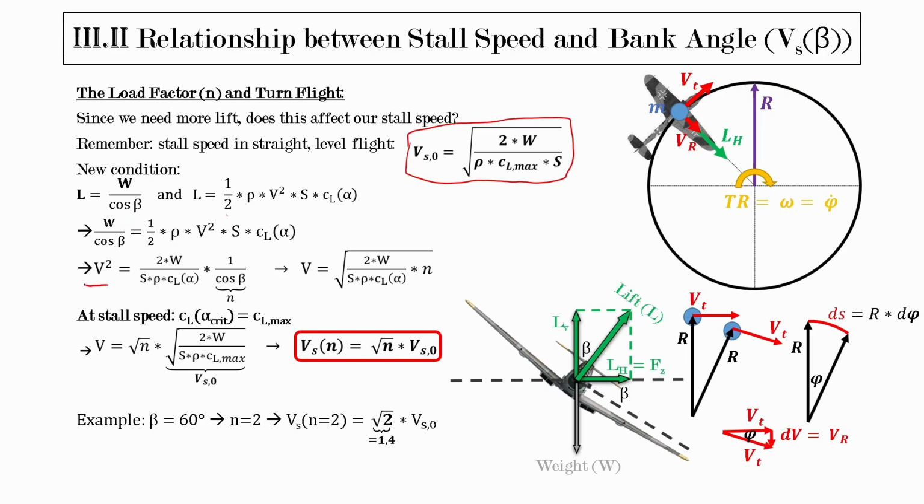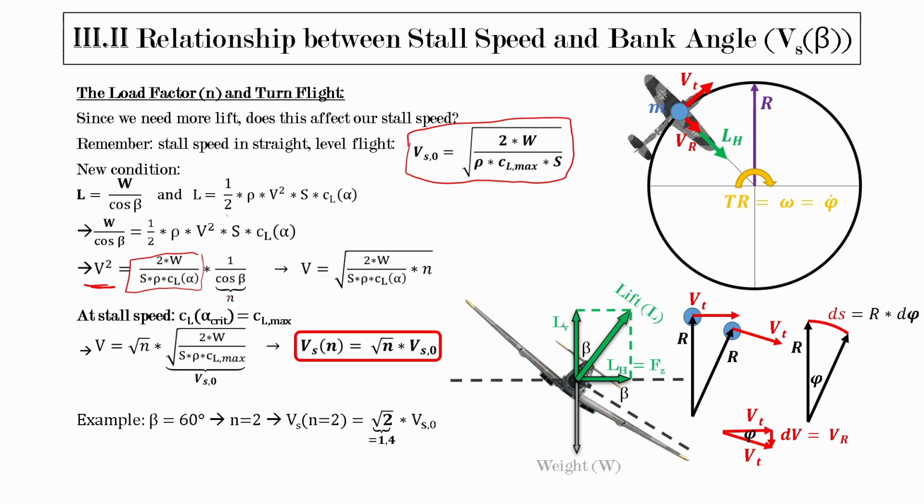So we come to the term v squared is this, and since this is simply a term that we add, this 1 over cosine, we can write it isolated, and then we have this part here of the equation, which simply is the stall speed at level flight times 1 over cosine beta.